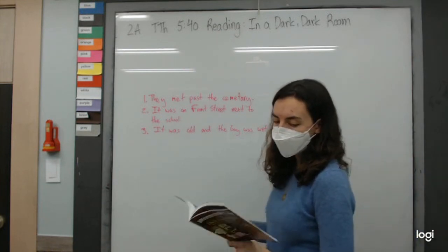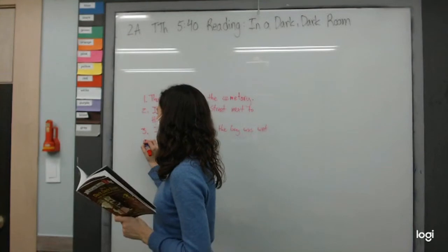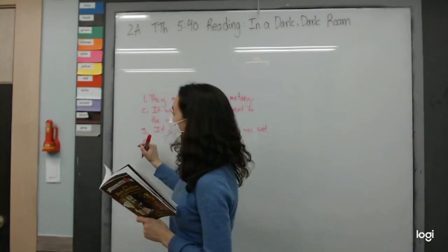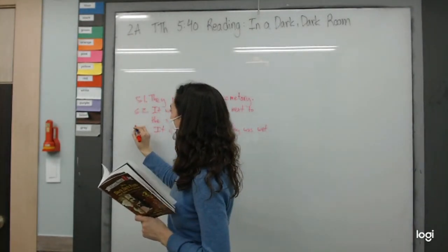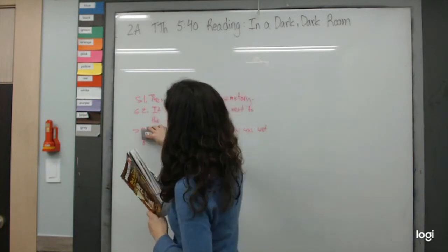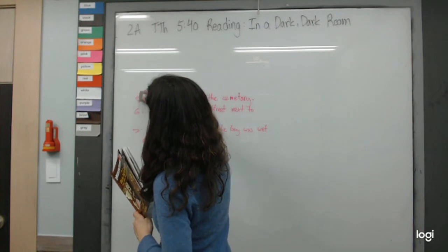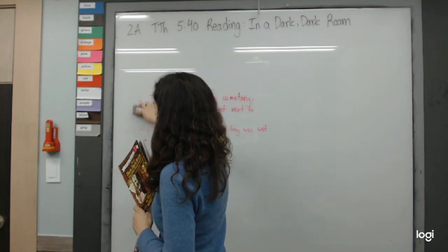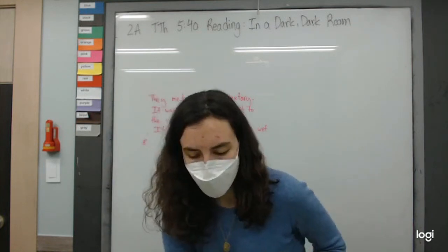Okay, number 8. Where did the boy get off? Oh, I gave these the wrong numbers. 5, 6, 7. Number 8. Where did the boy get off after the driver drove him home?